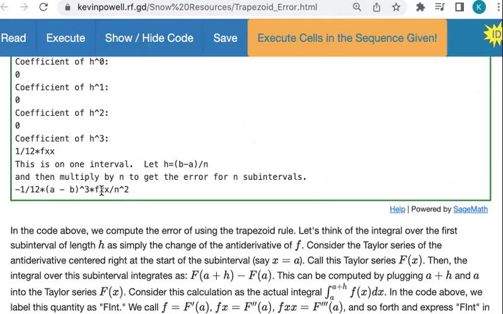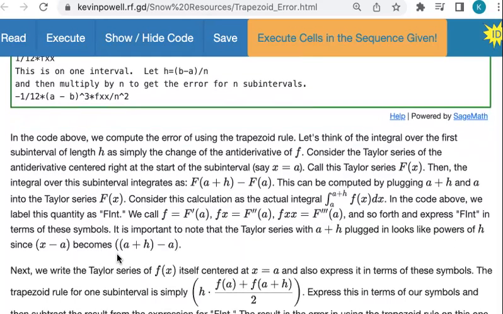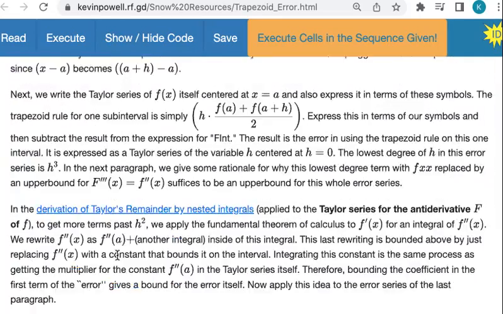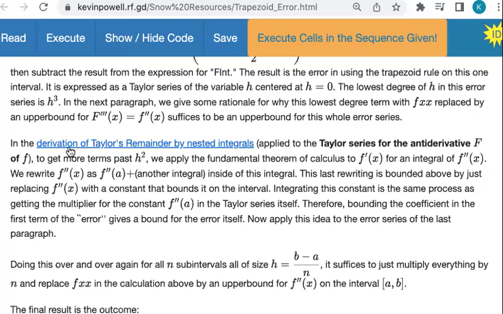That's a very loose, vague statement. You could make it precise, but if you do that, it actually bounds the whole series. So if you get a bound there and then you put it into the first term, you're really bounding the whole series from that point on. And you can get a sense for how that would work as you derive Taylor's remainder or even Taylor's formula itself by nested integration, how you get from one term to the next.